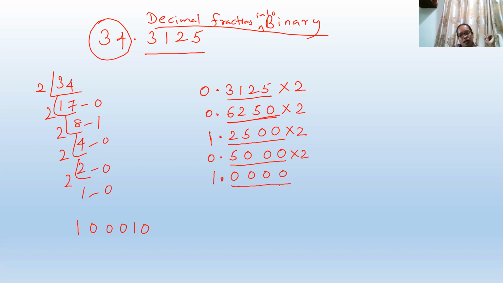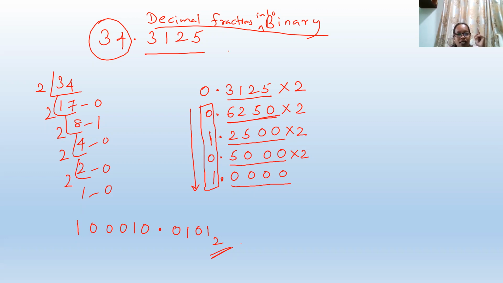Further, you can't multiply because the fraction part has become 0 now. You have to stop from that point, and the answers you have to take this way. These are the answers. You have to write it down from up to bottom like this. So what is the value? 0.0101 and the base is 2. Is that clear? Only the fraction part you have to continuously multiply by 2 until you take 0 here.